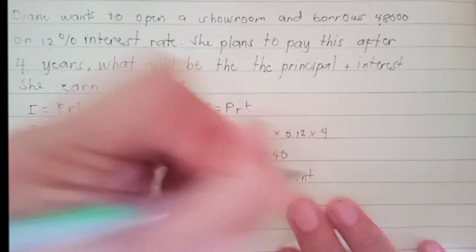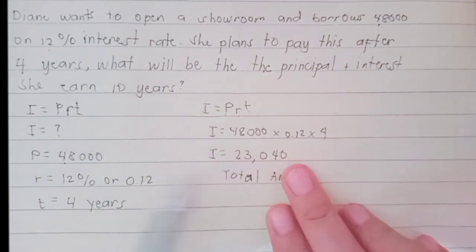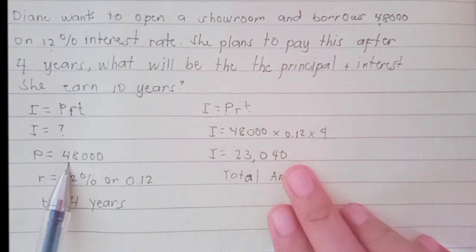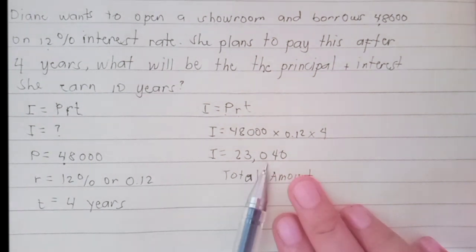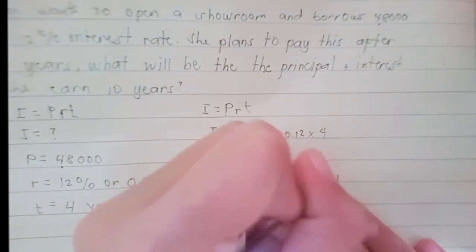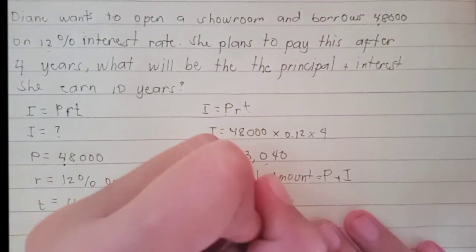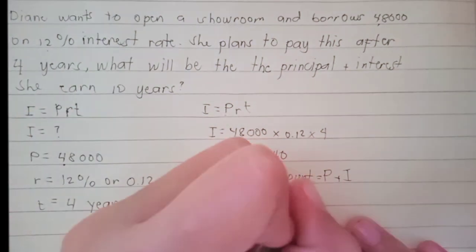To add the principal and interest. The value of interest that we get is 23,040. So the formula is P plus I. So the value of principal is 48,000.